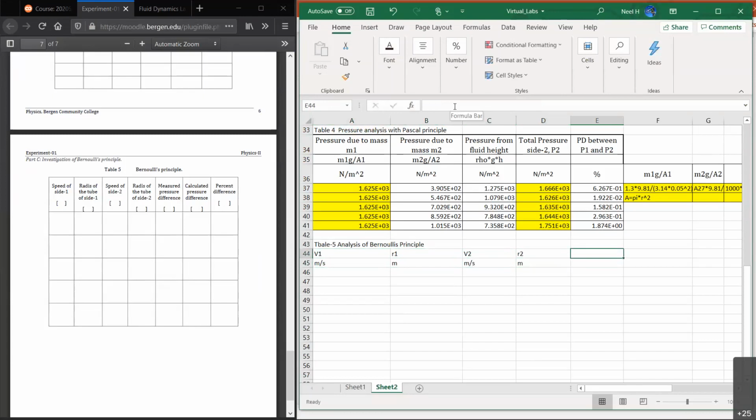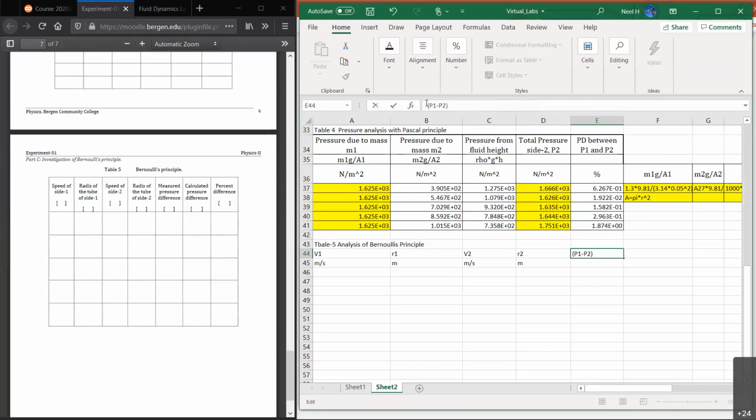Then I need the measured pressure difference, delta P, P1 minus P2, measured directly.